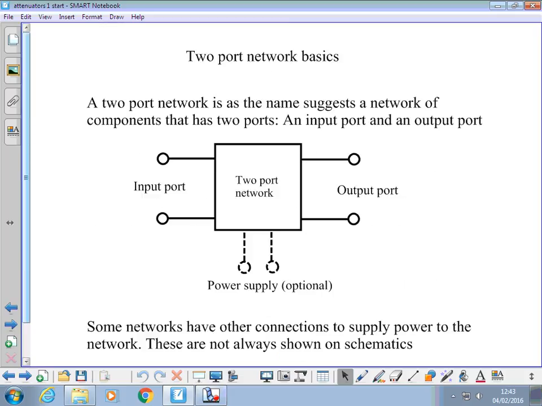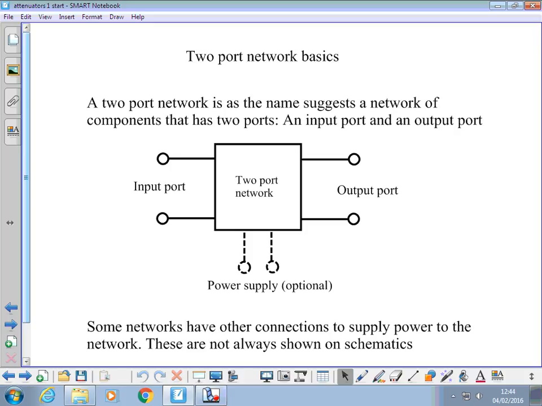So, two-port networks, basics. As the name suggests, that's a network of components with 2 ports, an input port and an output port. Some networks require some kind of power supply to work, so that would be optional extra connections, but generally you've got 2 connections input, 2 connections output, and then any power. Those power connections on some schematics aren't shown.